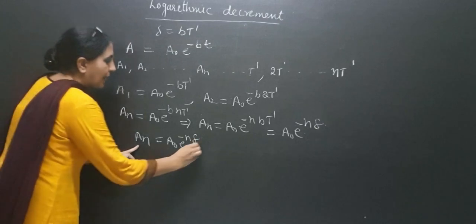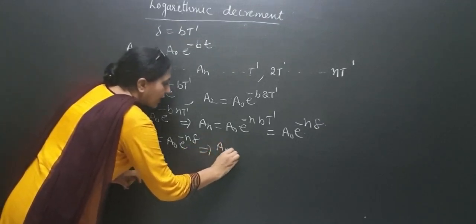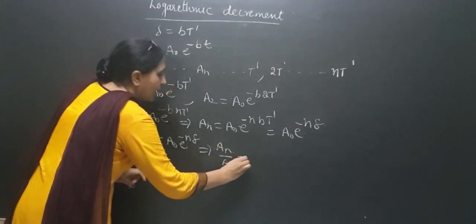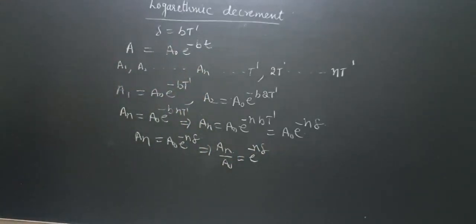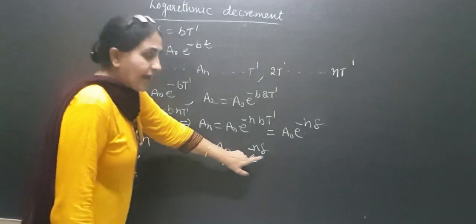This implies An over A naught is equal to e raised to the power minus n delta. Clear?